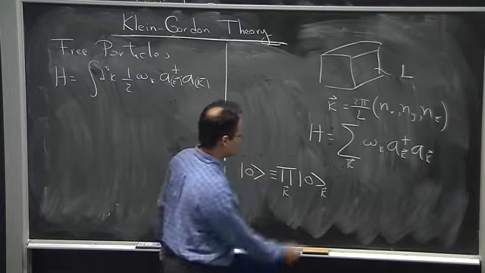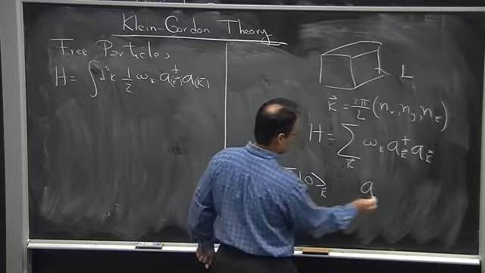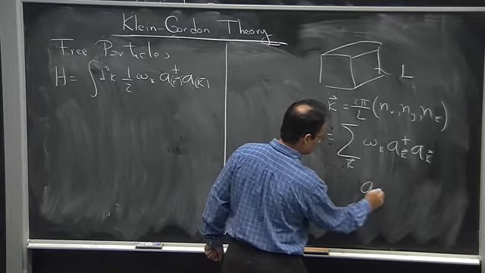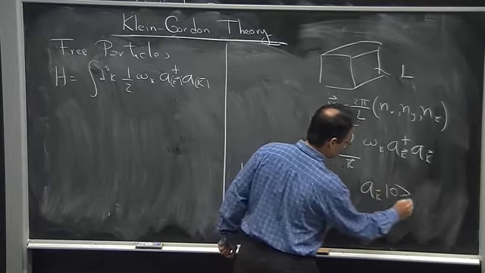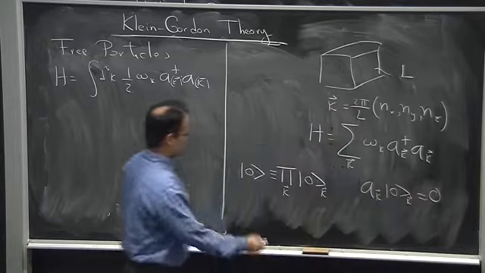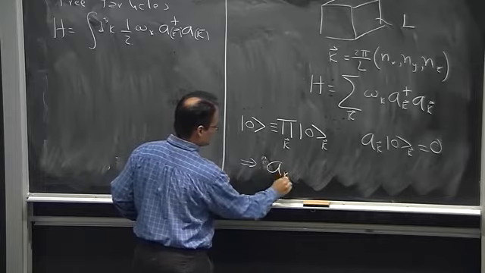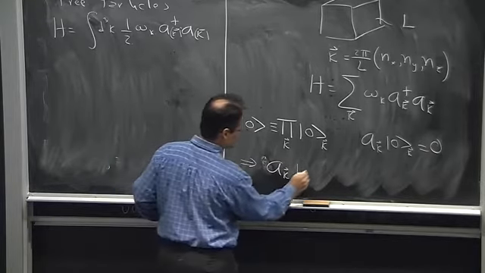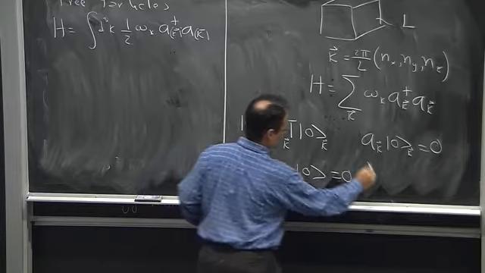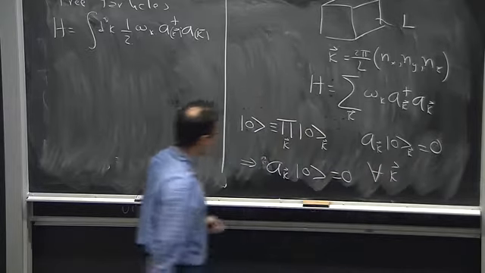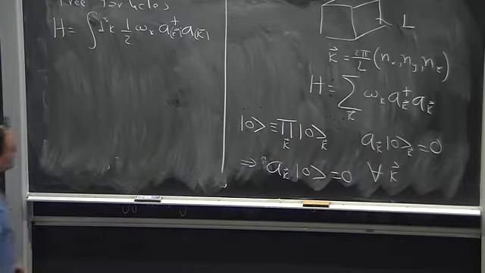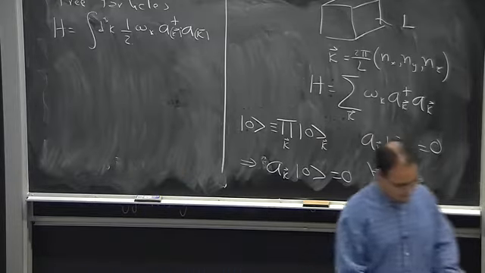After all, each of the individual ones is annihilated by its corresponding annihilation operator, and that implies that the vacuum of the theory will be annihilated by any of them. Okay? Very good.